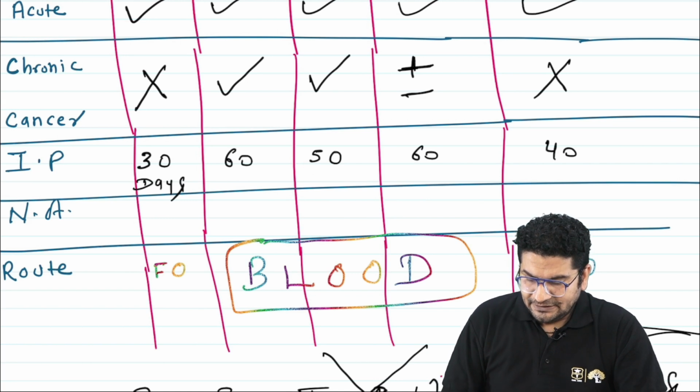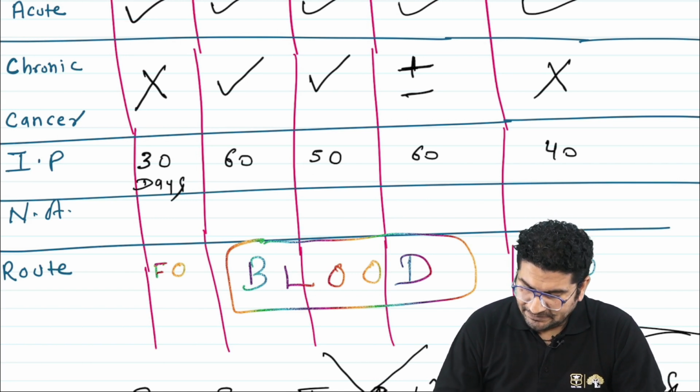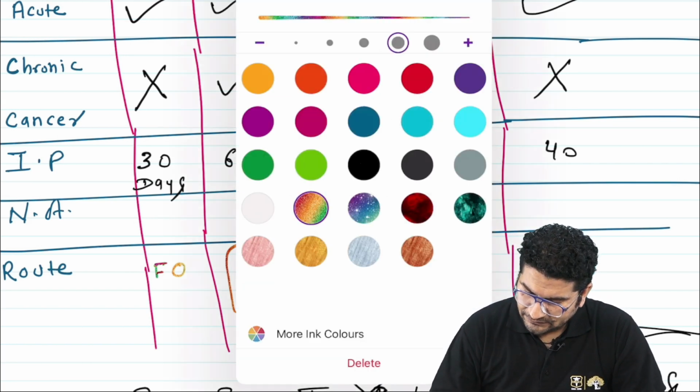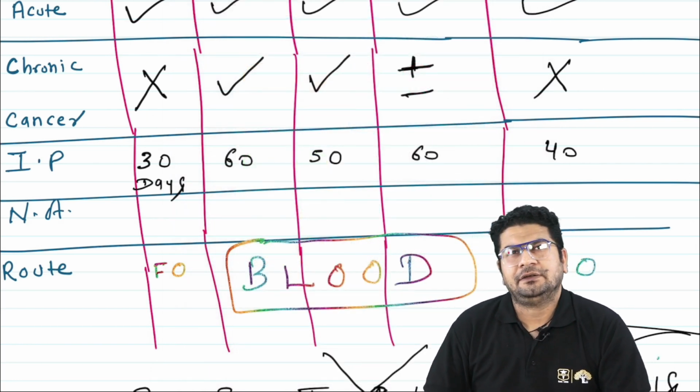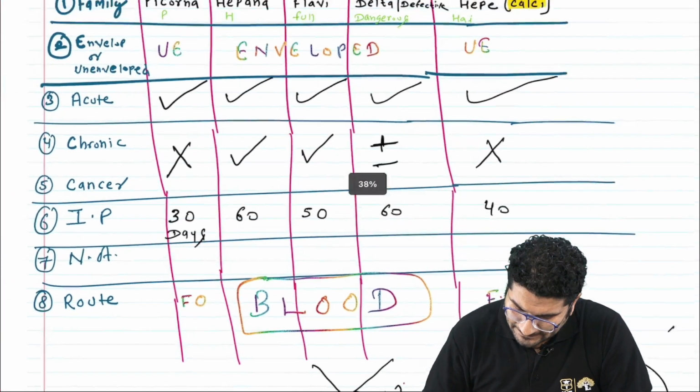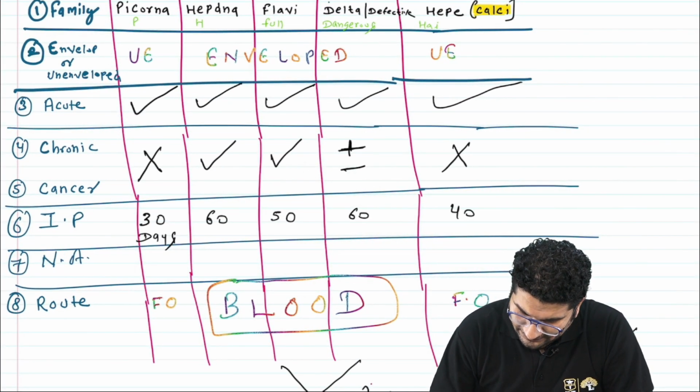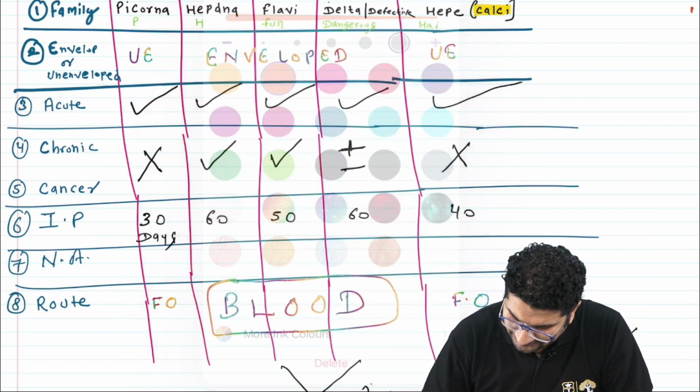If I say nucleic acid, for nucleic acid, remember, there was a song a couple of years before, BD Jalaile. BD means hepatitis B is having DNA.